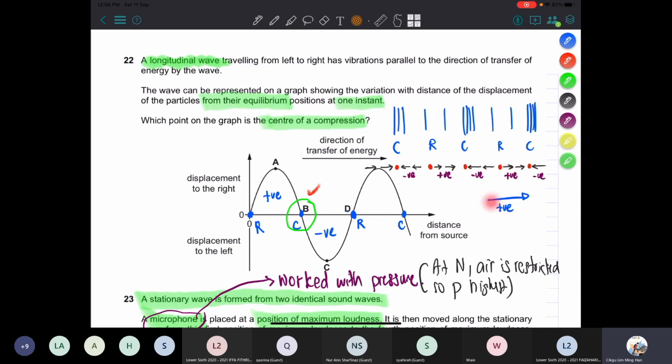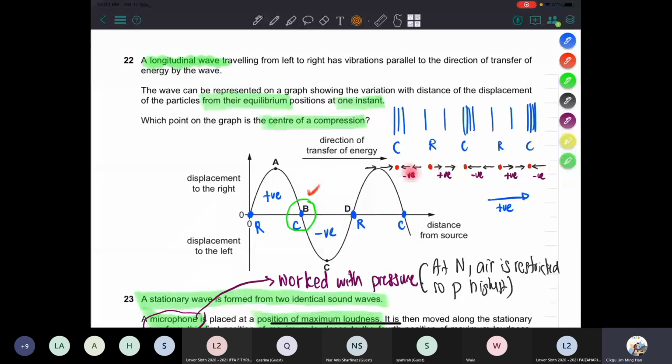So let us take to the right as a positive direction. So this one is a negative direction, and then this one is a positive direction, and this one is a negative direction. Now look at the graph. The first part of the graph is a positive direction. That means the particle next to the center is positive. So you want to have a positive, that means it must be a rarefaction here.